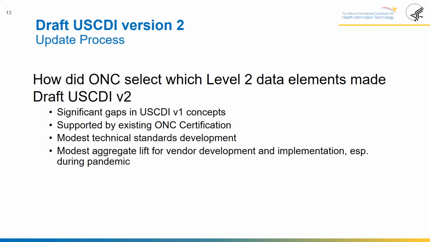We gave priority to data elements that were already required by other ONC certification criteria, which would mean minimal additional development or workflow impact on systems that were already capable of capturing it. We also gave consideration to the amount of technical standards development that would be required to be able to exchange this new data element using, for example, the FHIR or the CCDA standards.